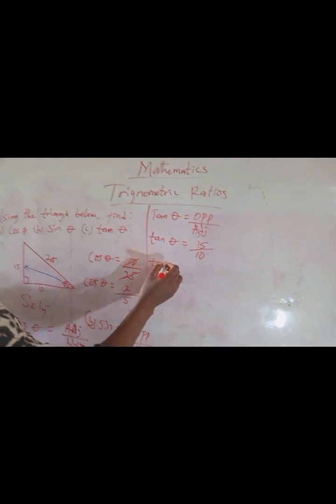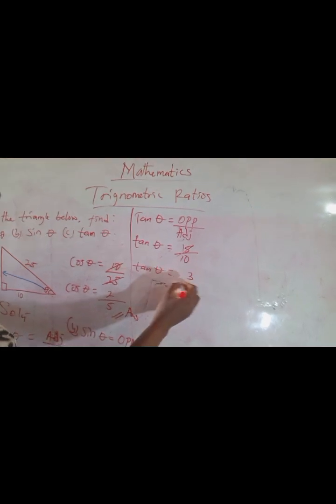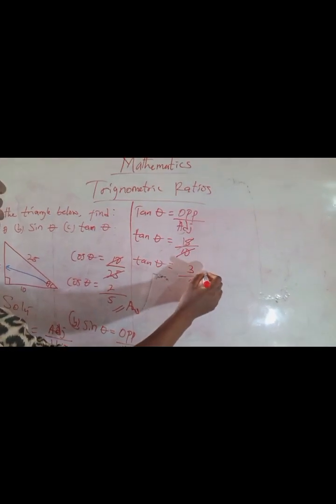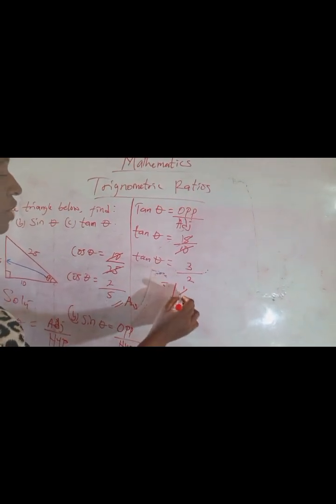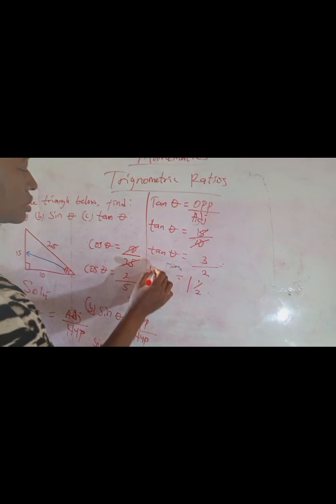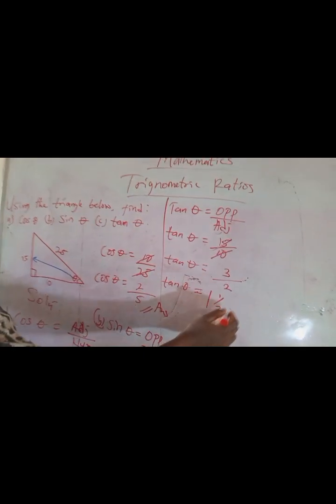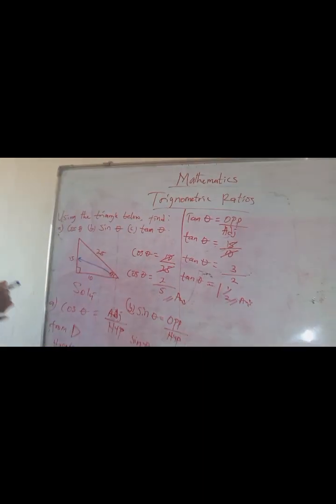So we have tan theta equal to 15 divided by 5 is 3, 10 divided by 5 is 2. So this is the same thing as 1 whole number 1 over 2. Tan theta is equal to 1 and 1 over 2. So you have answered this question.